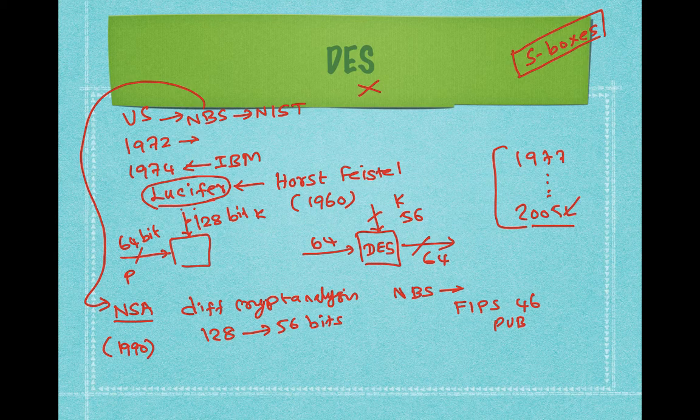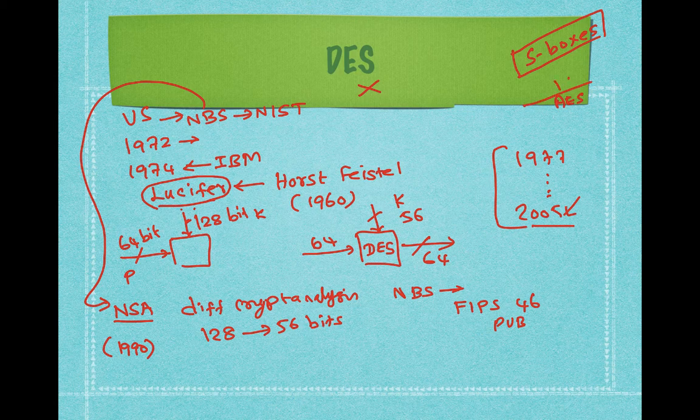Roughly around the 1990s, they slowly started learning about different forms of theoretical attack, until finally it became practical as well. The moment they came to know about the attack, they immediately made another call for proposal. You all know the AES algorithm, right?